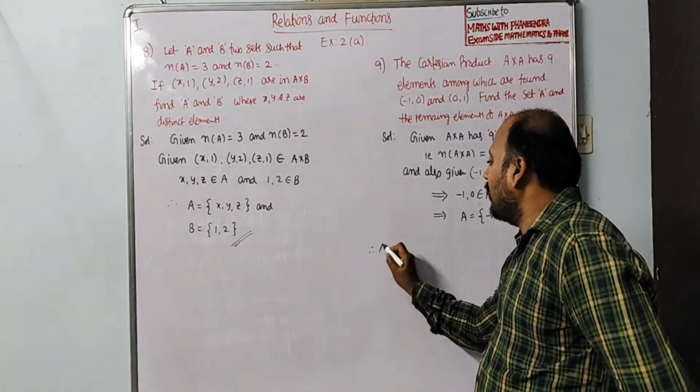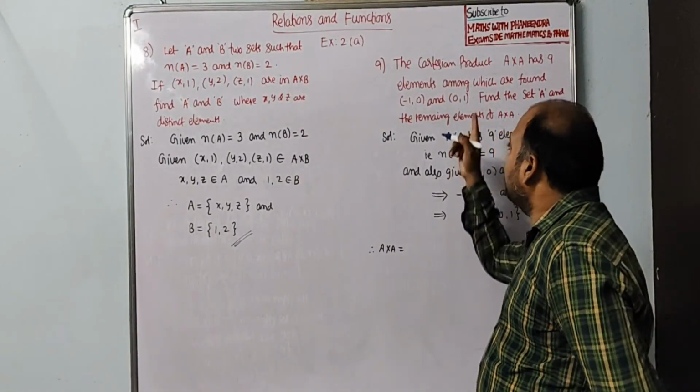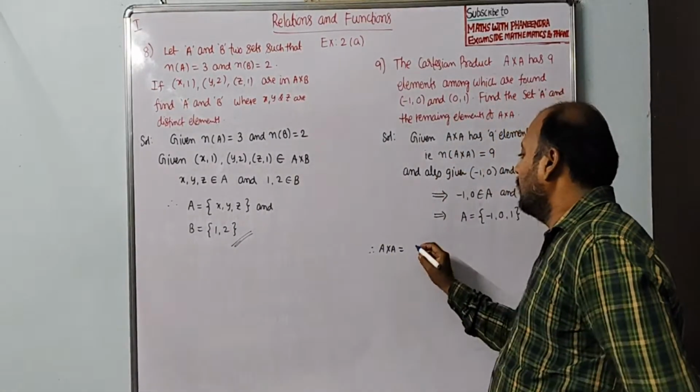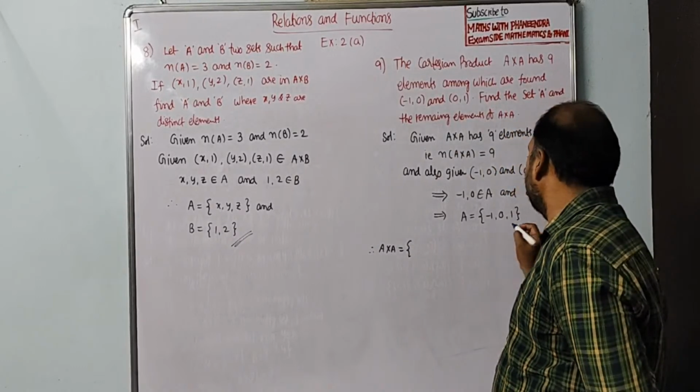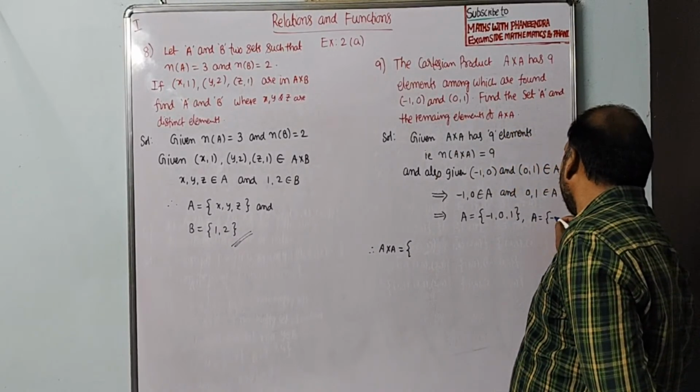Therefore they are asking to find A cross A. Other than these elements, means first you calculate A cross A, then we can find out, students. A is equal to minus 1, 0, 1.